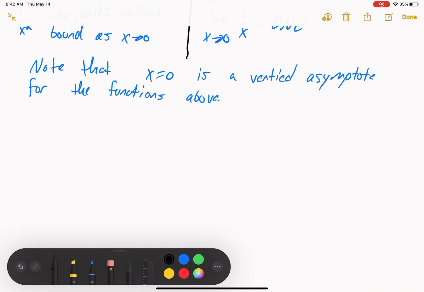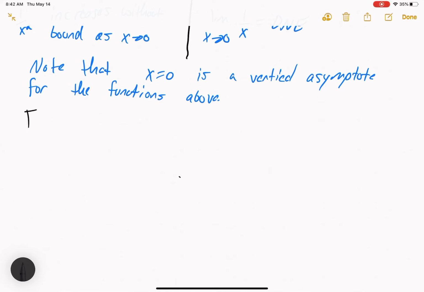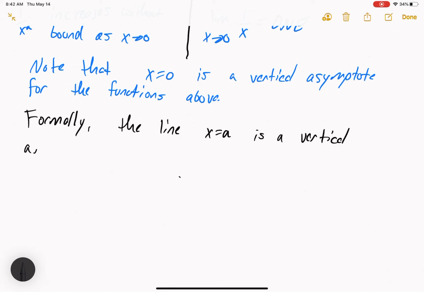So let's write that out formally. Formally, we say the line x equals a is a vertical asymptote of the curve y equals f of x.